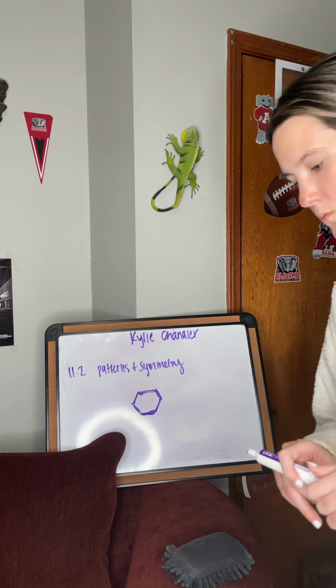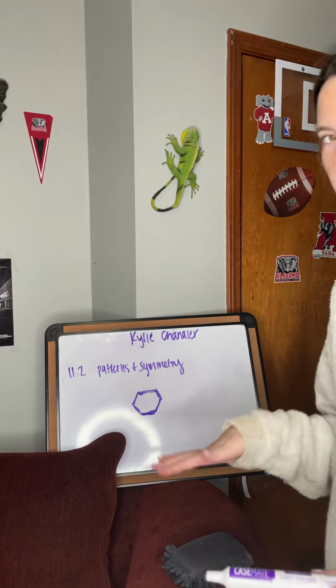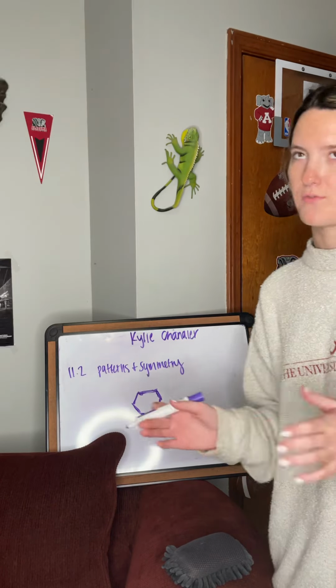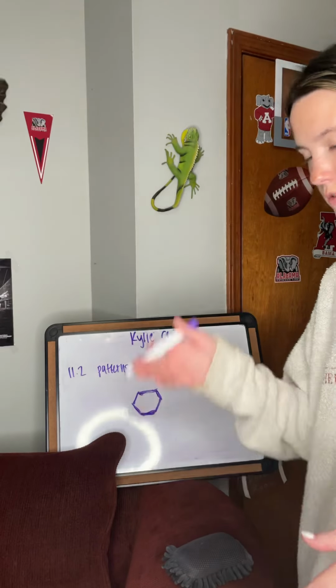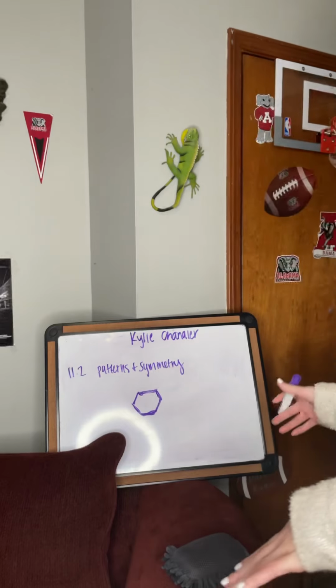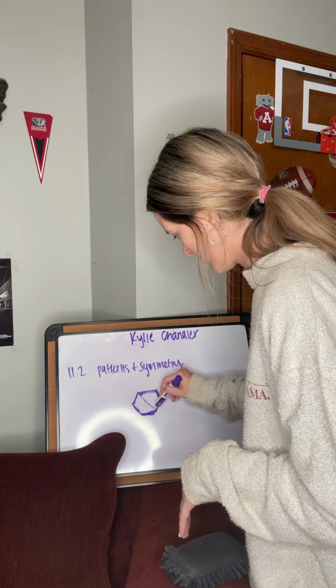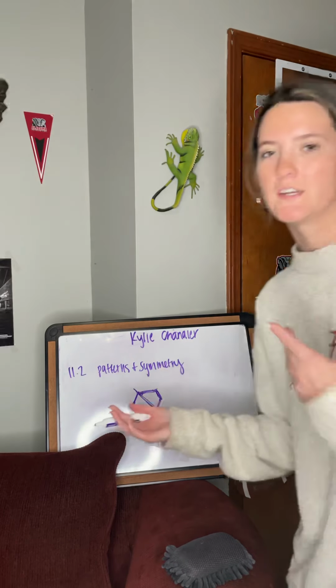And basically when we're drawing the line of symmetry, it's going to be a line that cuts the shape exactly in half. So if you were to fold a piece of paper in half along the line, both halves would match equally. So we can look at the shape and say, okay, if we fold it this way, it would be even if it were perfect.